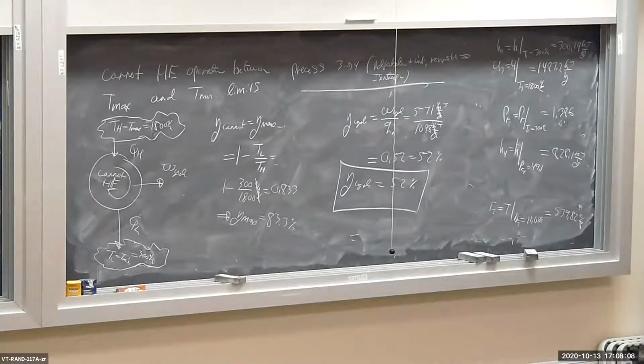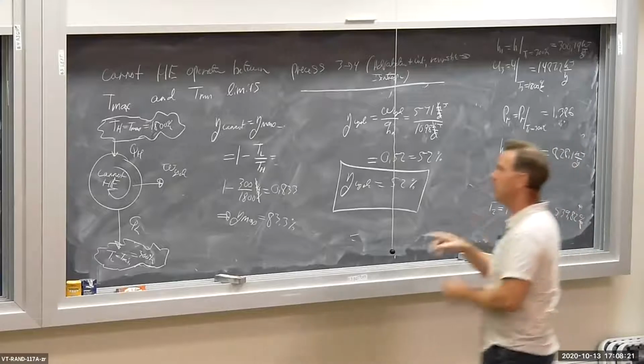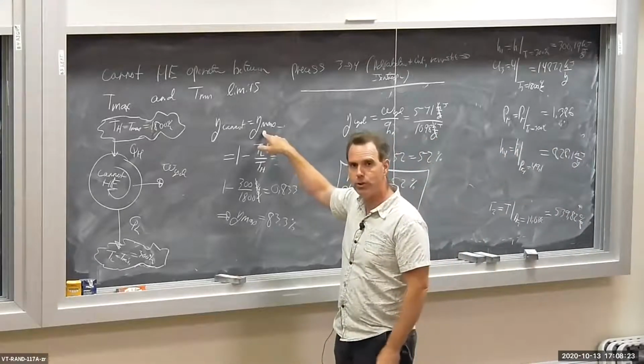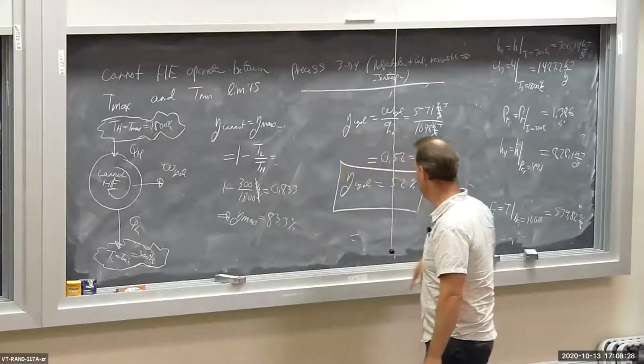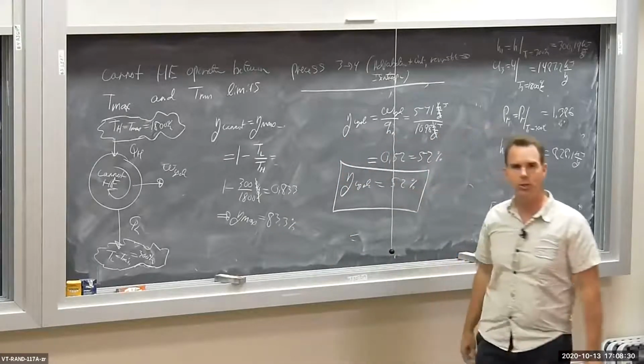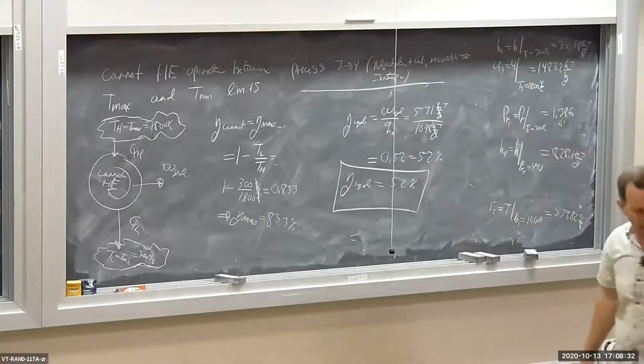So if I analyzed a Carnot cycle between the same two temperature limits, 1800 degrees and 300 degrees, I would get 83%. Of course, the Carnot cycle has a maximum efficiency, 83%, and that's greater than the efficiency of the cycle we actually analyzed.